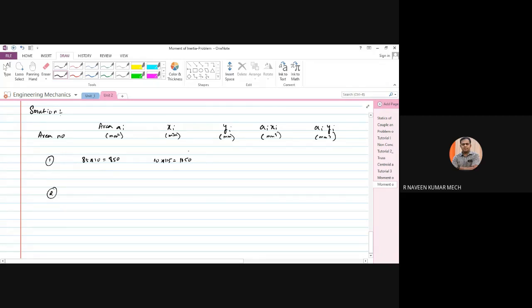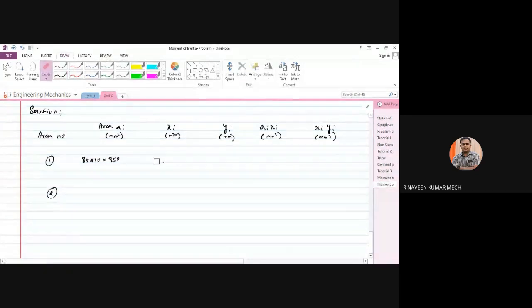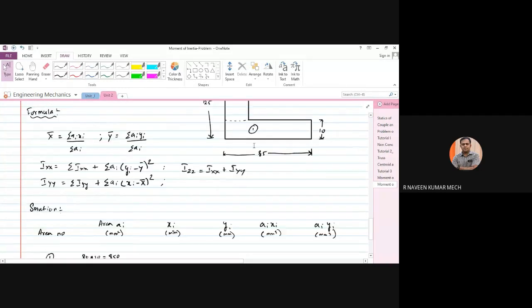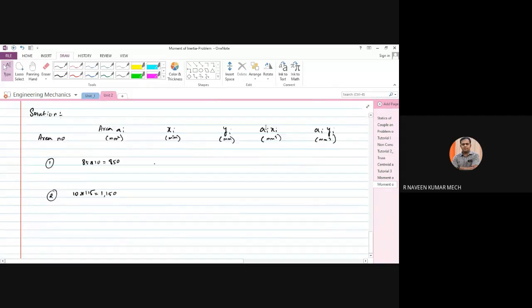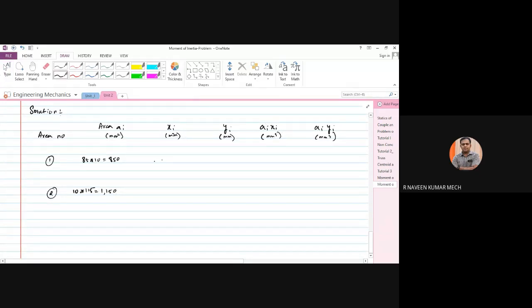Now xi for this area, the centroid for this particular local region, is 85 by 2. What is the value of 85 by 2? 42.5.